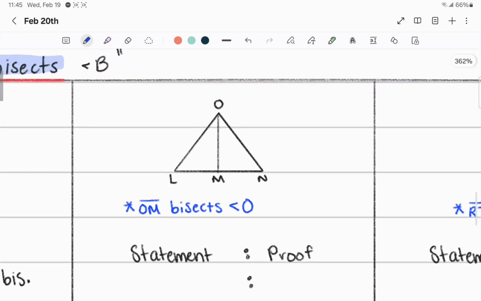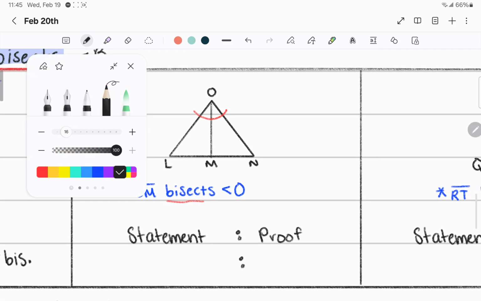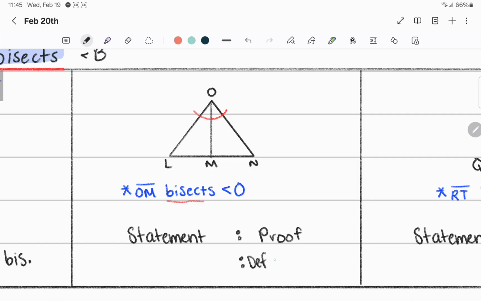So here, my statement says OM bisects angle O. So again, we're going to draw our arc through angle O. This is angle O. So there's our marking. It mentions the word bisect, so we're going to do def of angle bisector. And our statement here, the angle that's being bisected is angle O. So we do angle O is congruent to angle O. Again, the one that's being bisected, we write it congruent to itself.